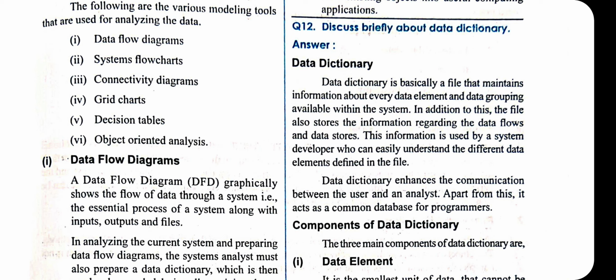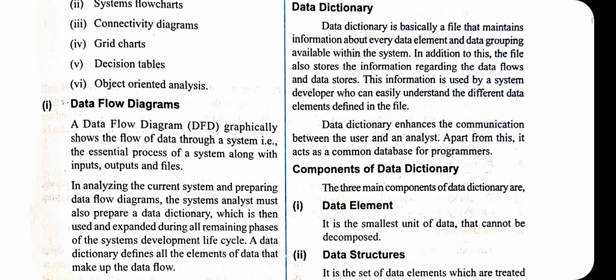It is basically a file that maintains the information about every data element and data grouping available within the system. In addition to this, the file also stores the information regarding the data flows and data stores.